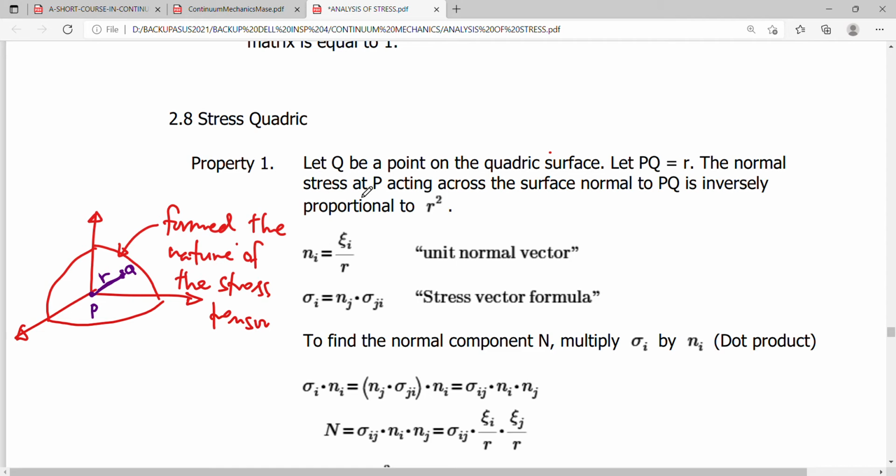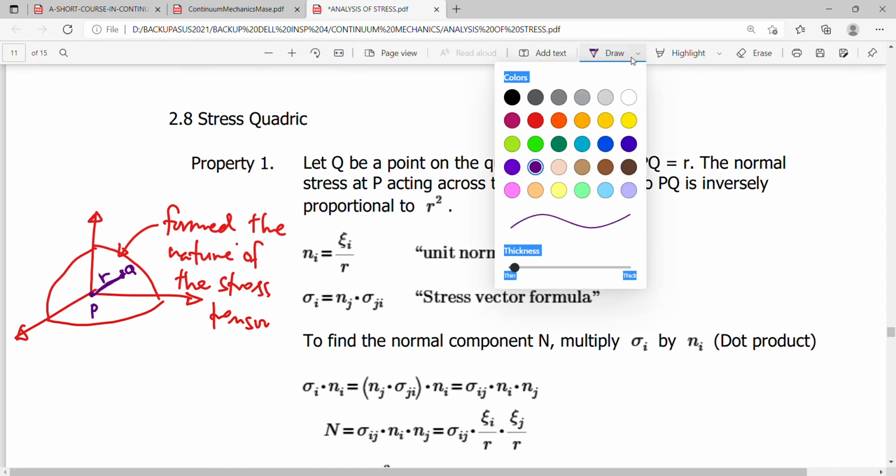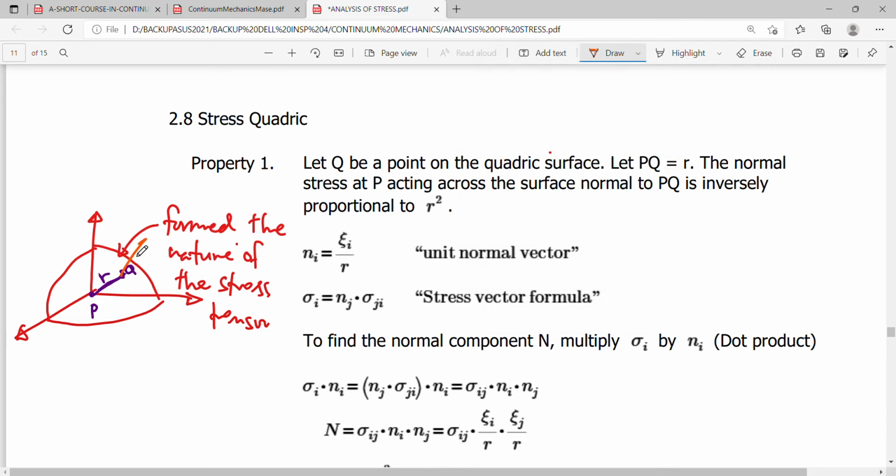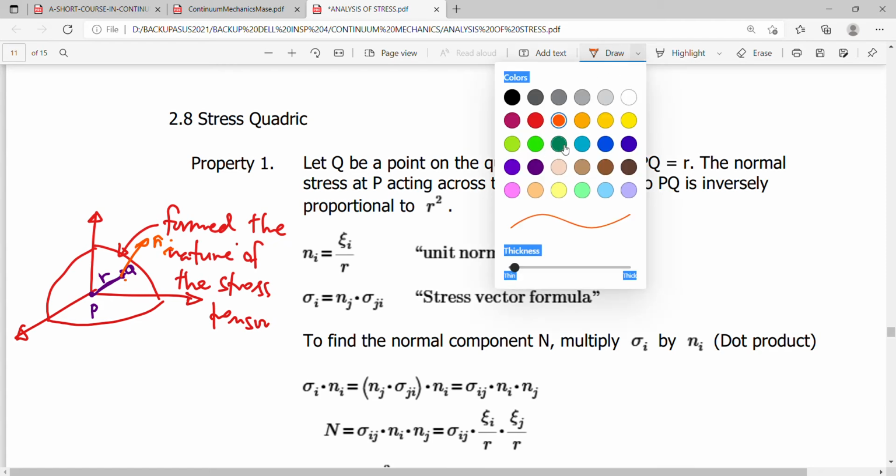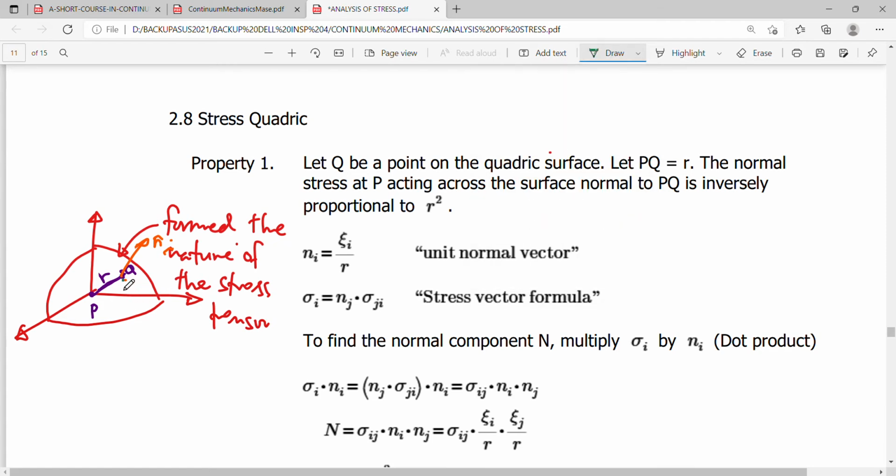We have defined a unit normal vector here, ni, upon which, of course, your stress vector sigma is based.